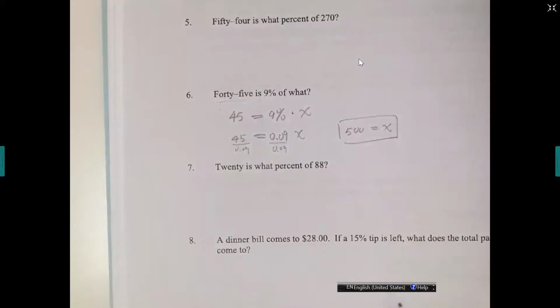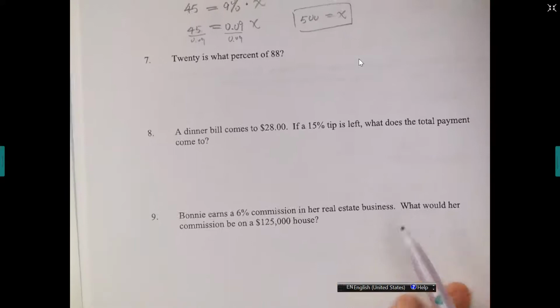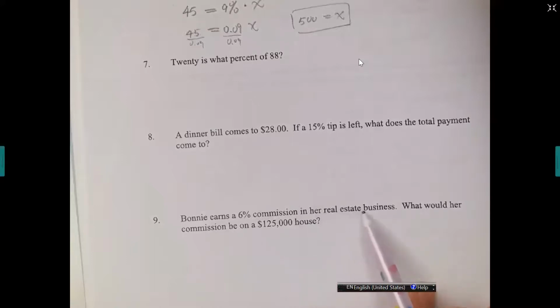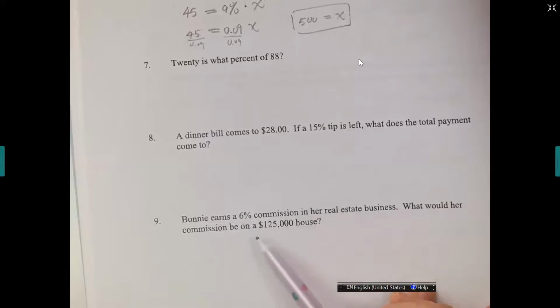Let's look at number 9. Bonnie earns 6% commission in her real estate business. So she is an agent here. She earns 6% commission. What would her commission be on a $125,000 house? So if she sells a house at this value, how much will she get as commission?